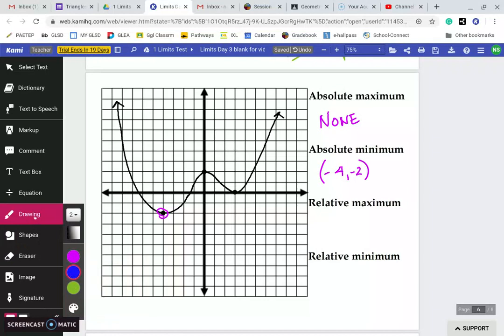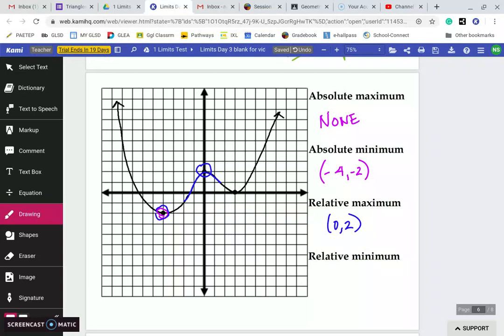Okay, so highest point, lowest point. Now for the relatives, I'm looking at peaks and valleys. So my relative maximum is going to be right here, where my graph changes from increasing to decreasing. So that's the point (0, 2). There is no other place where it changes from increasing to decreasing, so that's the only one. Now, relative minimums, there's actually 2.